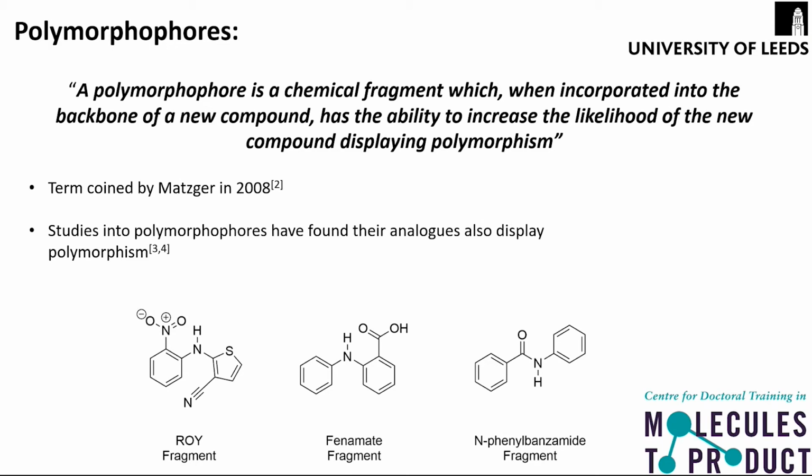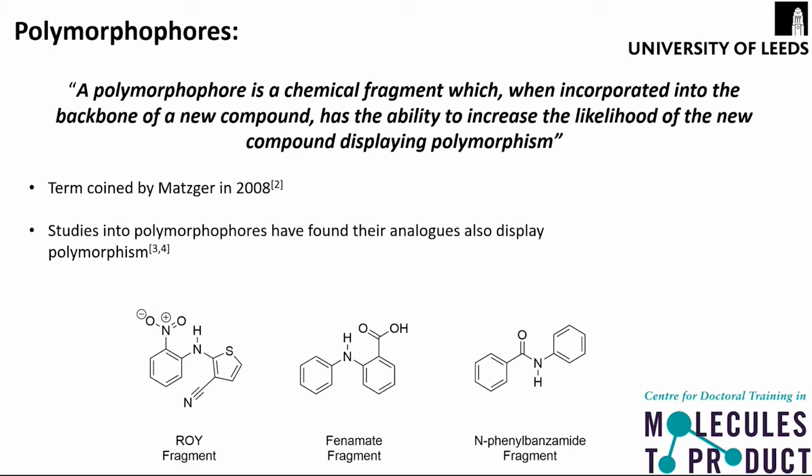Yes. Do you know if there's any correlation between tendency towards polymorphism and tendency to form high Z prime structures? That's a good question. The short answer is no, but one thing I will mention is that a lot of things we think would be correlated with polymorphism, when you actually look at the data, aren't.